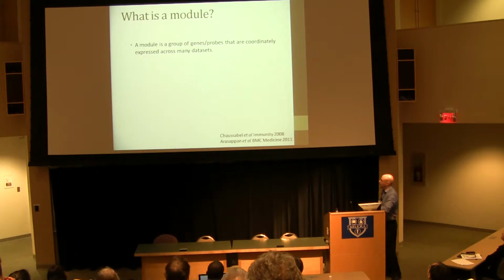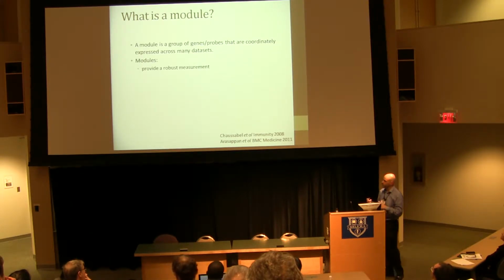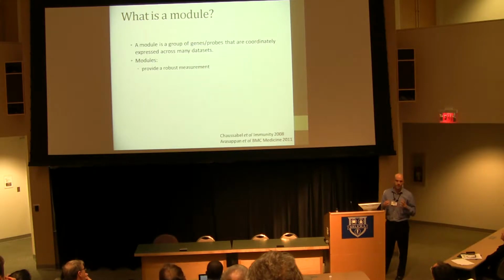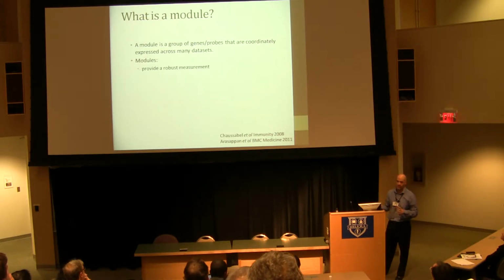And our idea here is to use modules, which are made up of groups of genes or groups of probes, to have a robust measurement. That means that if you have one platform with 100 probes in a module and the next platform only has 75, the overall movement of that module won't be too affected.